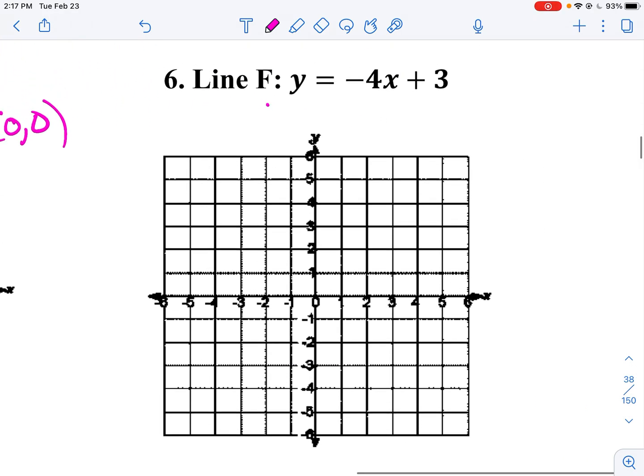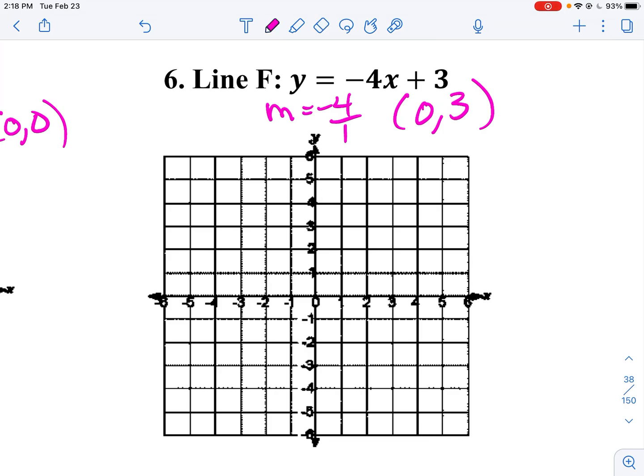Over here, my slope is negative 4, which should be over 1, 0, 3. So I go up to 3. My slope is negative 4. If I go up 1, 2, 3, it can't go any higher. So that's not going to be it. So I need to go down. Oops, I just put it on the wrong one.